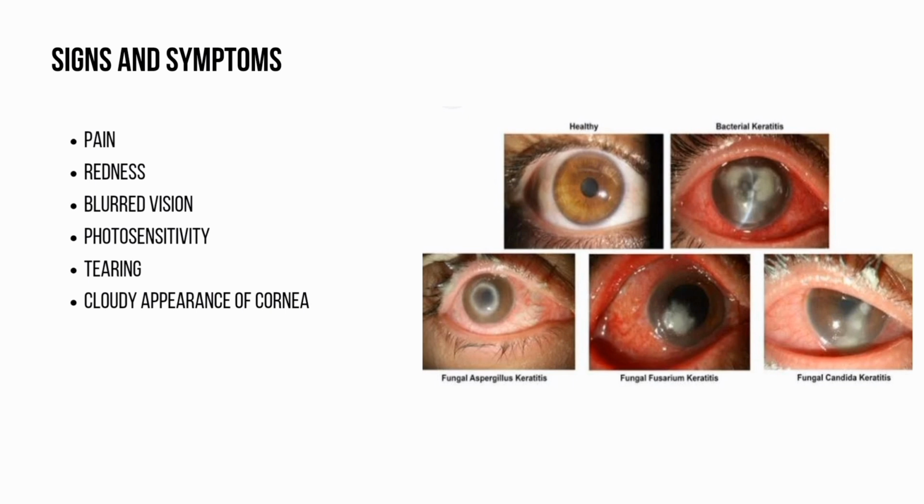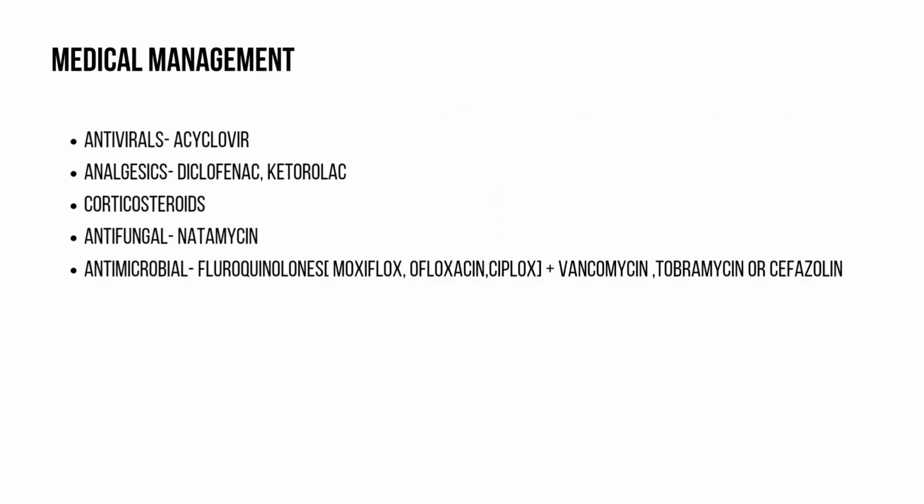Here you could see many images which show the eyes affected with keratitis. And on the top left corner you could see a healthy eye which is clear and visible. Then excessive tearing can occur during keratitis. It means the lacrimal gland will get overactive and our eyes will be watery at all times.